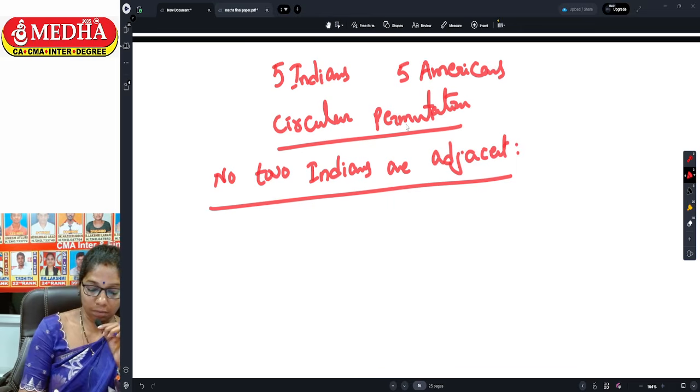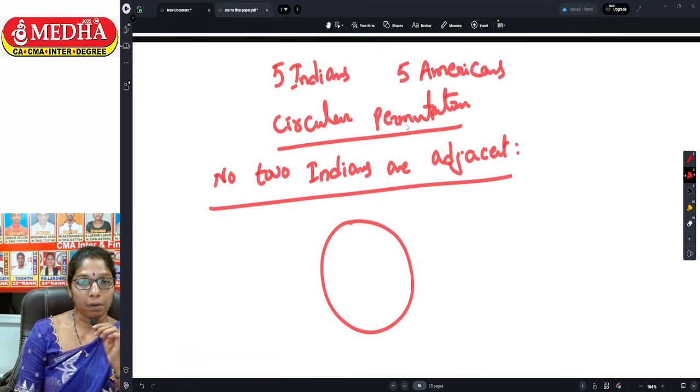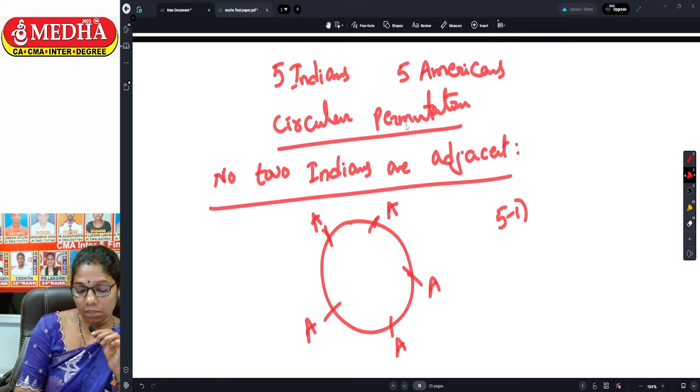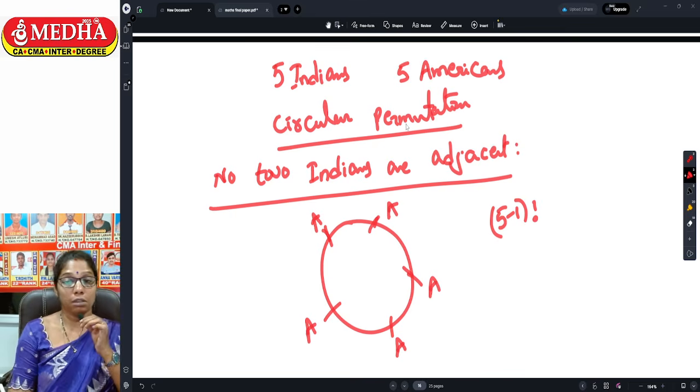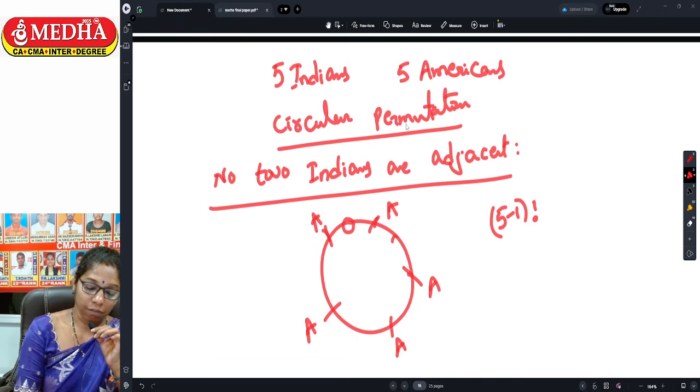So first we arrange the Americans. Since no two Indians can sit together, first of all we have to arrange 5 Americans. So 5 Americans are arranged in circular ways. 5 Americans are arranged in 5 minus 1 factorial ways. This is a circular arrangement. So in this there are 5 gaps, 1 2 3 4 5.